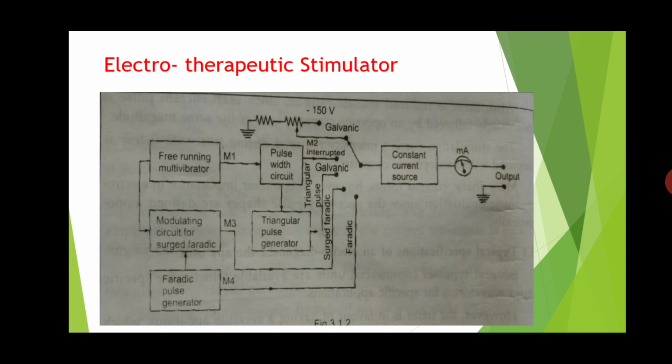The output of this free running multivibrator, M1, is given to the pulse width circuit. The next one is the modulator circuit. Then there are periodic pulse generators, a triangular pulse generator, and a constant current source, and they use a resistive network to get the galvanic current.